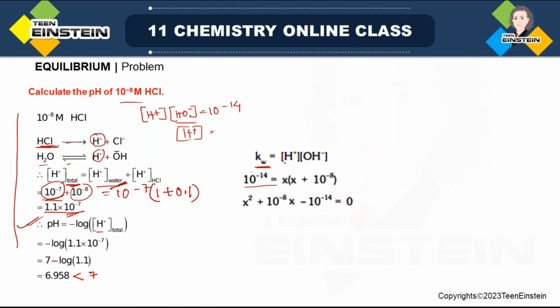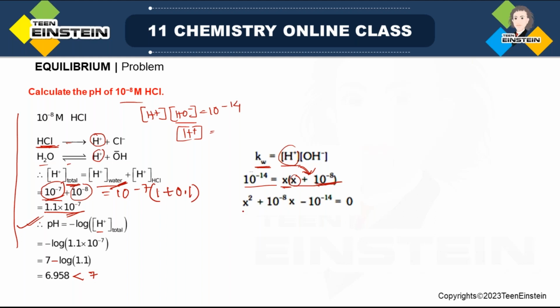But on the right hand side, in place of H plus, you have to write X plus 10 to the minus 8, because X is coming from water and 10 to the minus 8 is coming from HCl, and for HO minus it is also X. If H plus from water is X, HO minus is also X.